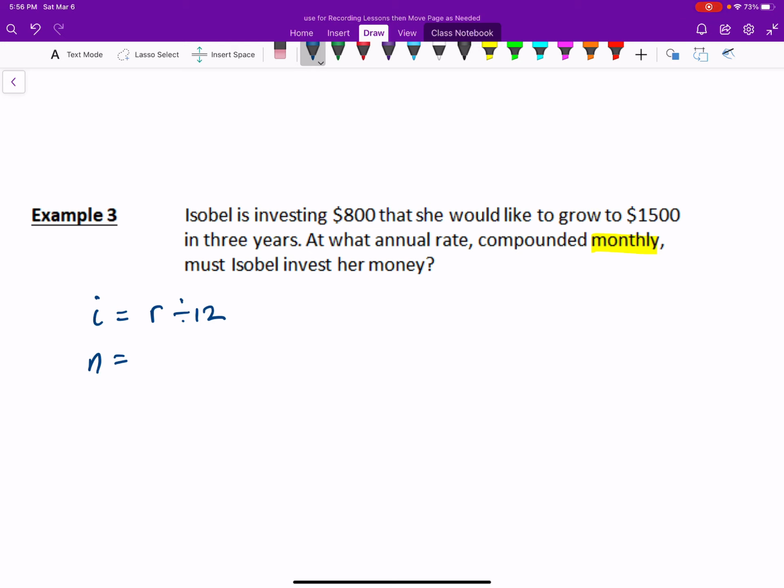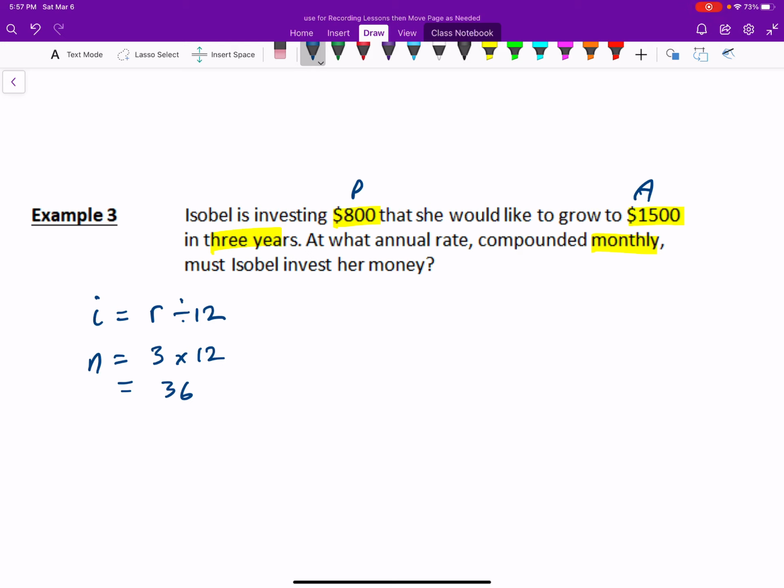N is going to be 3 years times 12. So 36. And she wants to invest $800. That would be P, that's the initial amount. A, the final amount, is $1,500.